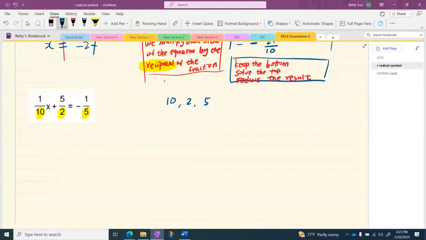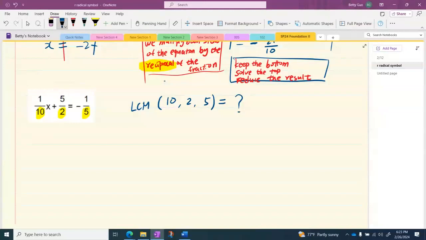Let's write them down, and then find their least common multiple. I know we have 3 numbers now. In the first unit we only covered how to find the LCM for 2 numbers, but generalizing from 2 to 3 isn't that difficult. Least common multiple is the smallest common multiple. So the number we are going to find is a multiple of 2, a multiple of 5, a multiple of 10, and is the smallest.